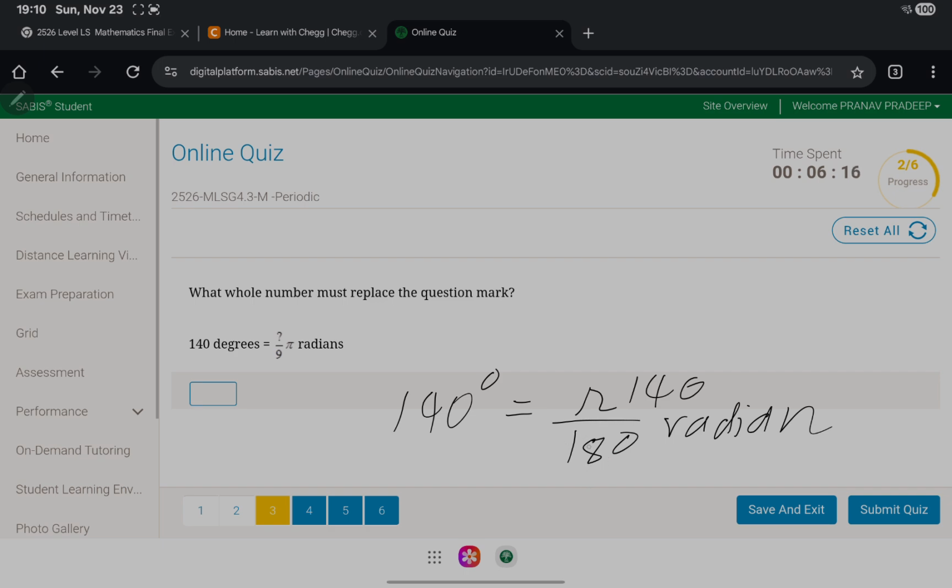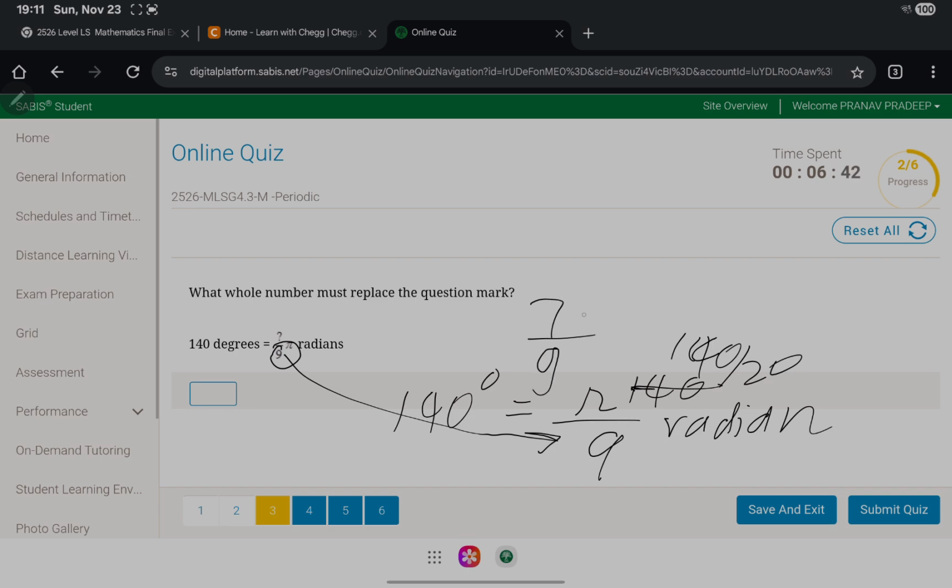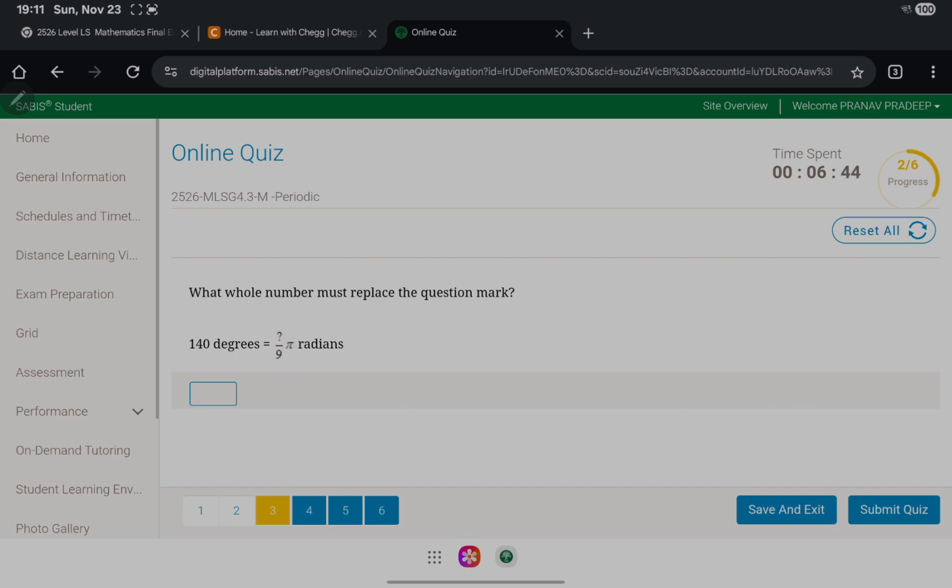If you simplify, you divide 180 by 20 to get 9, so the denominator is 9, and you divide 140 by 20, you get 7. Okay, so 140 degrees equals 7 over 9 times pi. Alright, so the question mark will be 7.